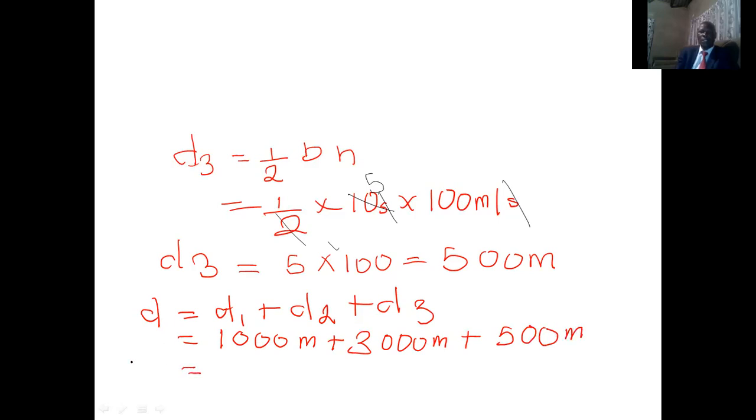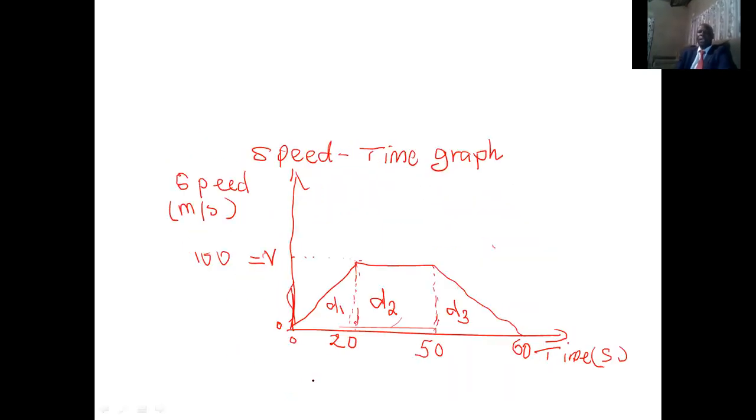So the total distance that we find is 4,500 meters. So this is how we can calculate the distance covered by the car. We merely find the area under the curve for the two triangles as well as the rectangle.